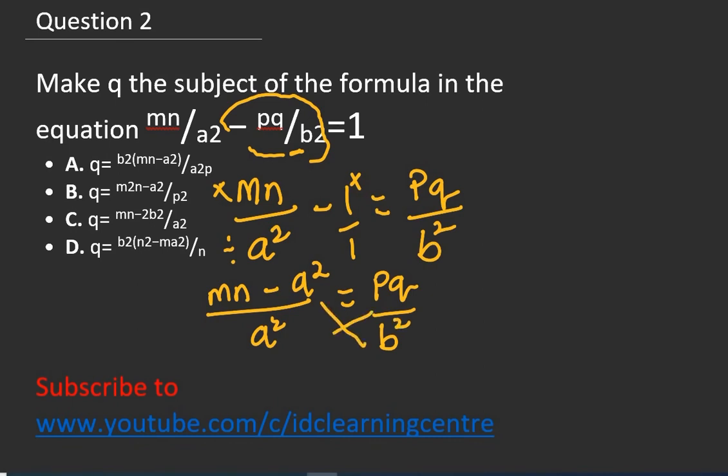Cross multiply. Okay, now if you cross multiply, pq times a squared will give me pq a squared equal to b squared times bracket mn minus a squared.